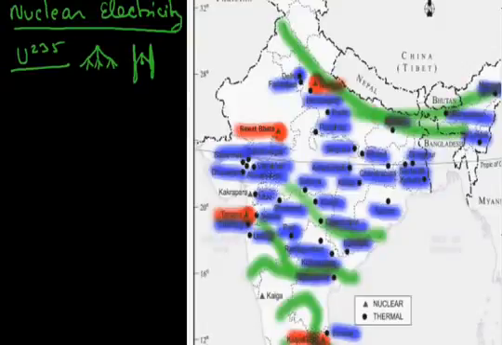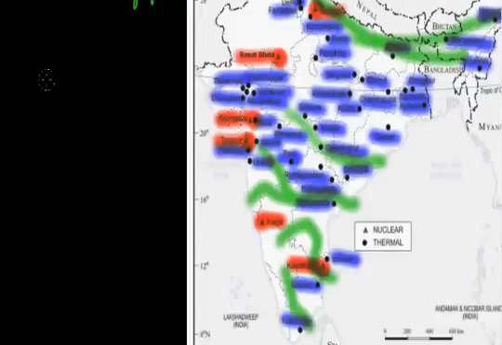Then also in Kaiga in Karnataka and Kakrapara in Gujarat. Kalpakkam is the largest plant in India. At present in Rawat 6 plants are working.